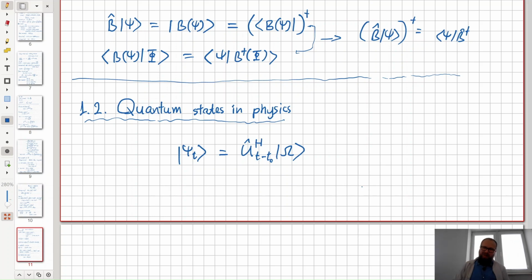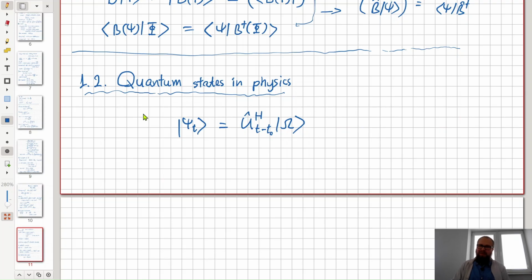Because you see, this is just some abstract, formal, mathematical object, right? It's not yet connected with anything outside the context of this mathematical formalism, of which we were showing bits and pieces.